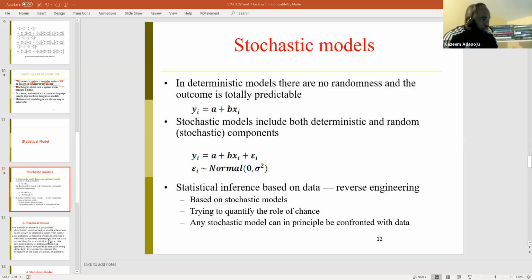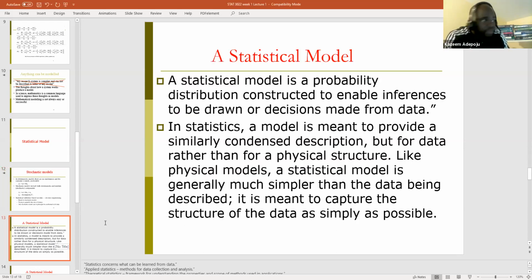So with that, you really understand what we mean by statistical model. A statistical model is the same thing as a stochastic model. It's the same thing as a probabilistic model. Any model that has an error in it, what we call the unexplained variation, is a stochastic model. It's a statistical model.